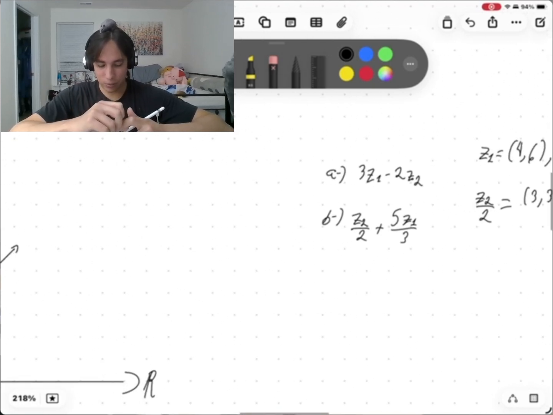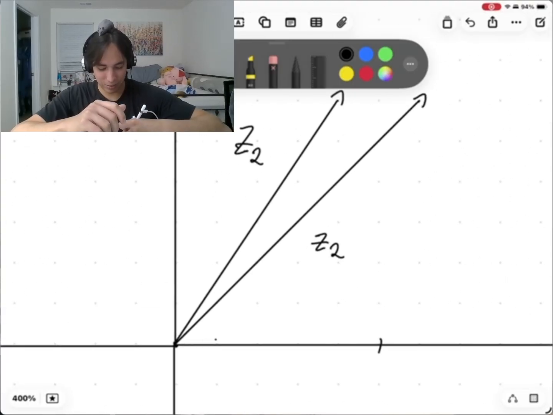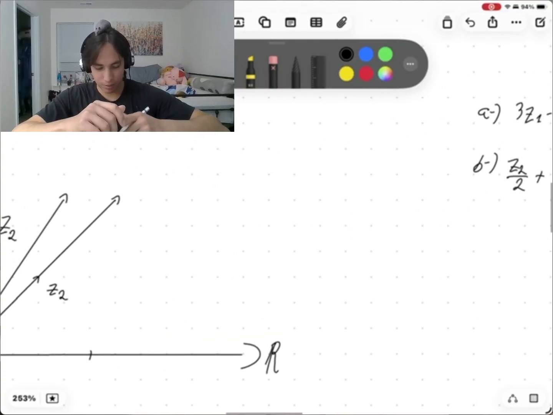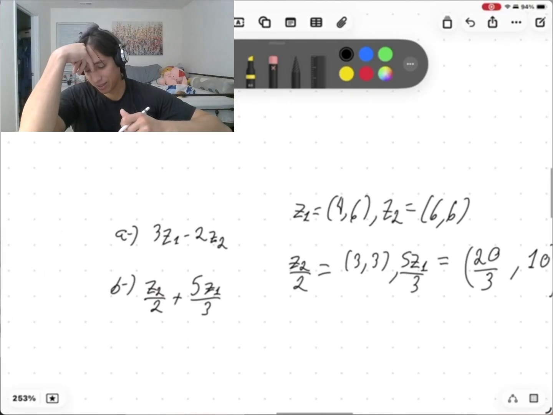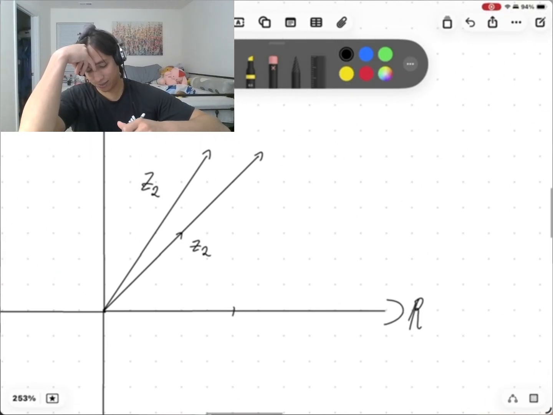So we got 3, 3. 1, 2, 3, 1, 2, 3. This is Z2 right here, right? And then 6.67, 10.